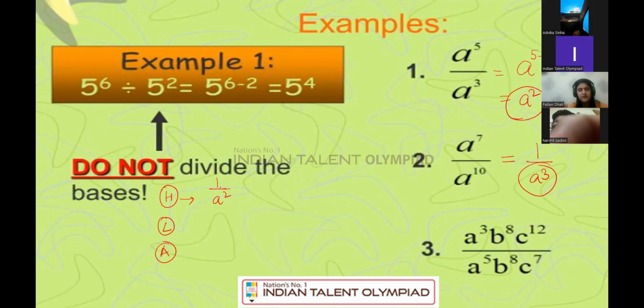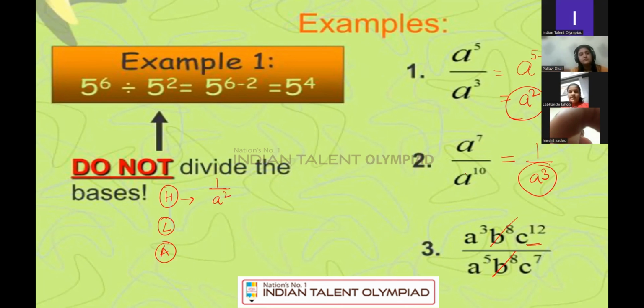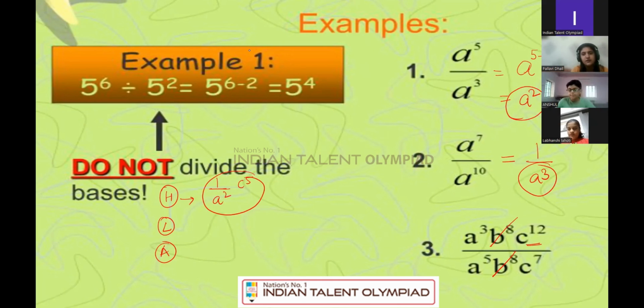And nothing else, b will become 1. What will be about c here, Lavanshi? Ma'am, it will be c raised to the power 5. Right. Anshul, do you agree here? Yes, ma'am. Okay, perfect.